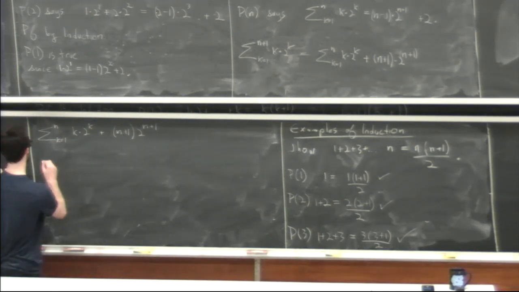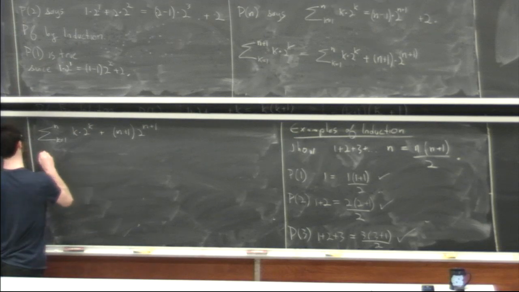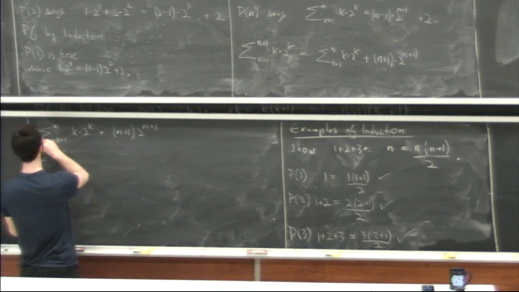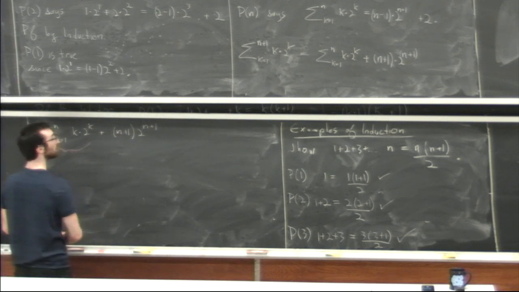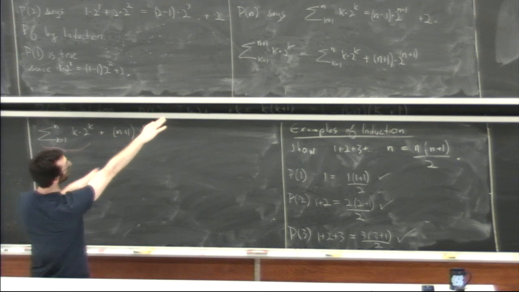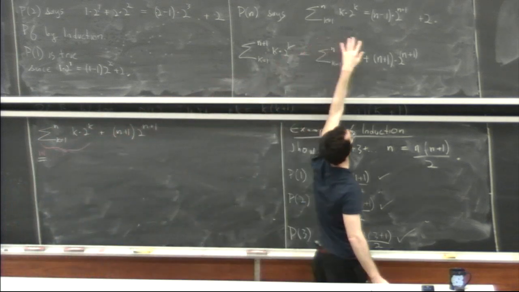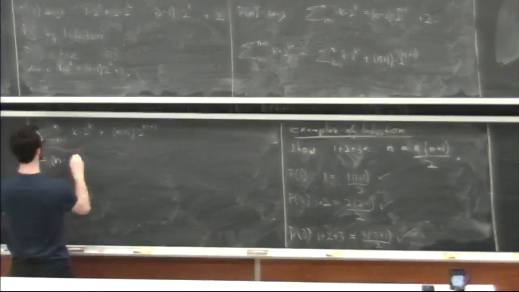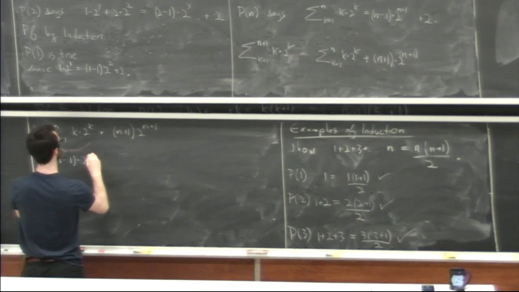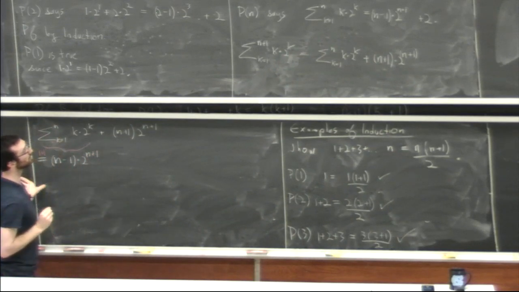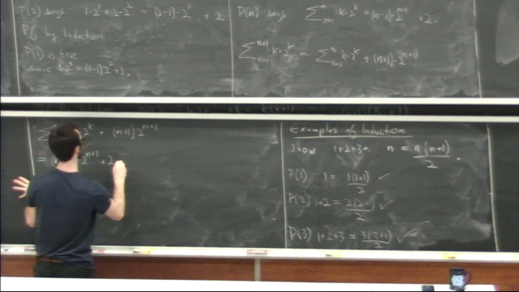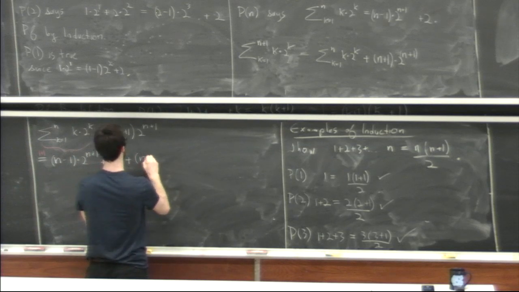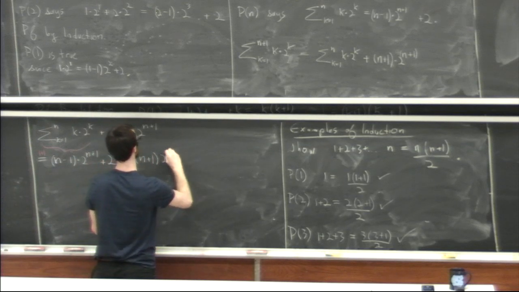So by the inductive hypothesis, IH, this whole thing is equal to whatever P of n claims this sum is equal to, namely n minus 1 times 2 to the n plus 1, plus 2. That's this chunk. And then I have to add on n plus 1 times 2 to the n plus 1.